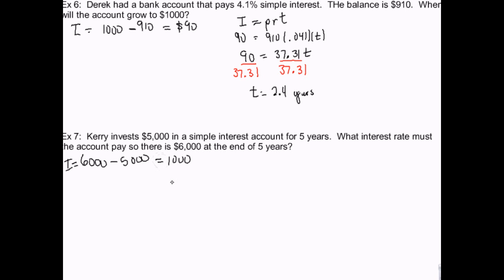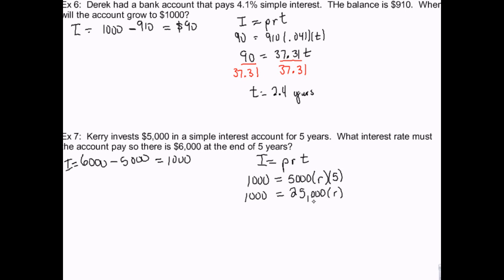So we want our interest to be 1,000. So again, same formula. 1,000 is equal to 5,000 times some unknown r times 5 years. And 5 times 5,000 is 25,000.